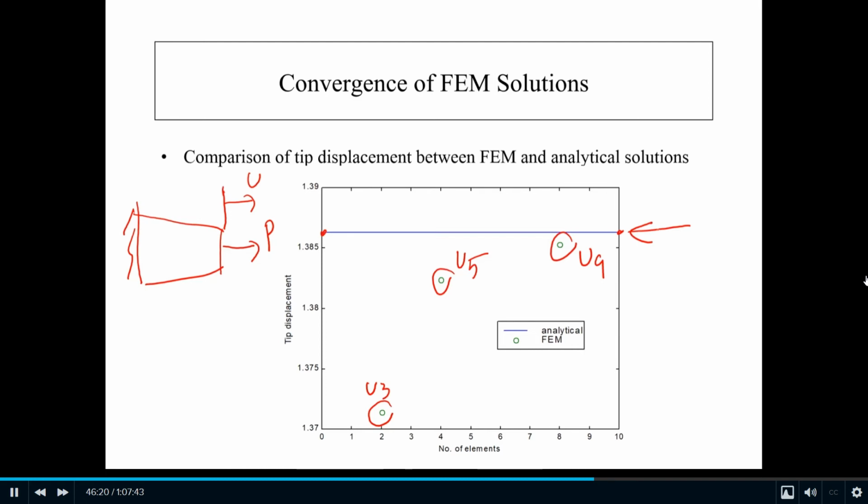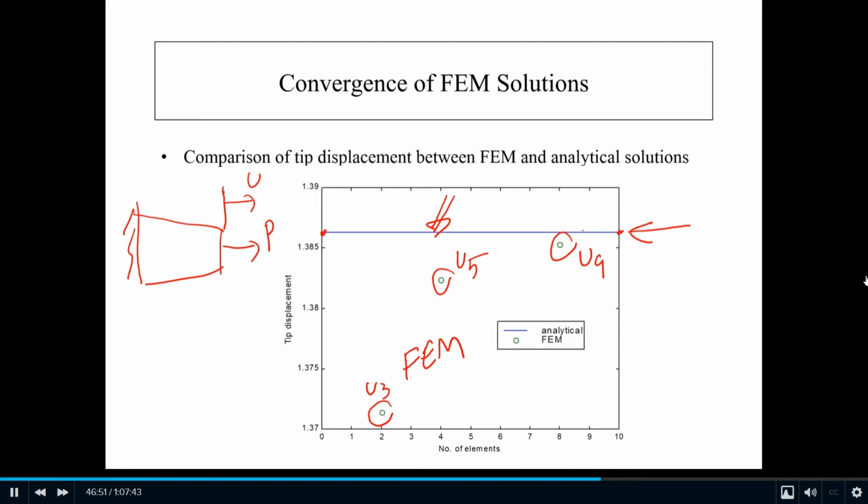Okay, but if you look at this, you may notice that the FEM solution is always less than the exact one. At least in this case, it looks like it's less than the exact one.